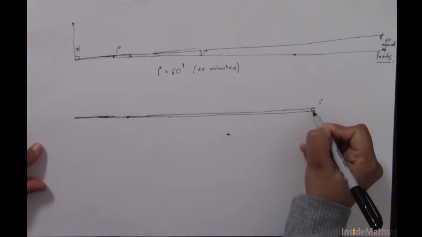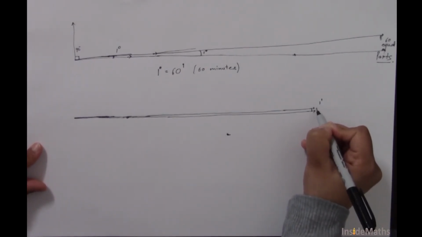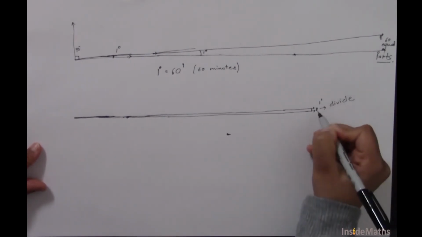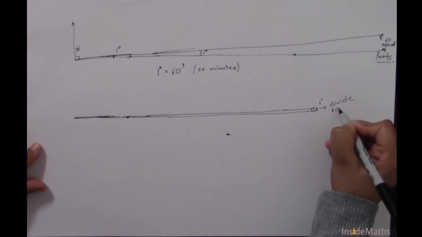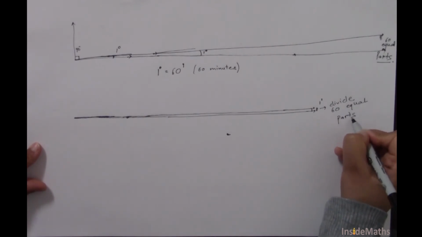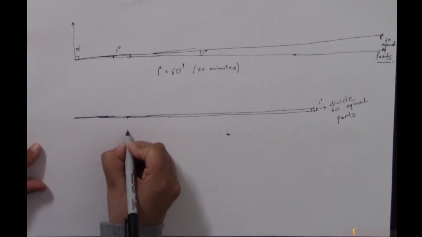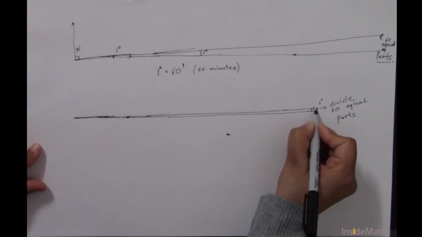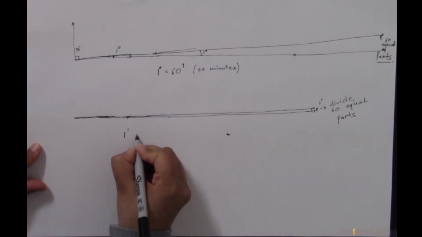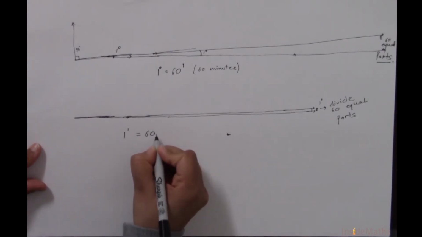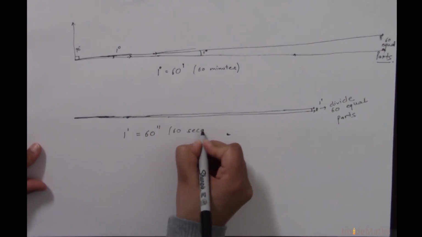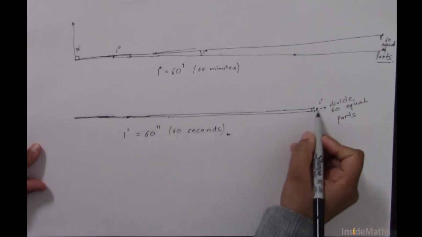Now if I divide this part into further 60 equal parts, then each of these parts is called 1 second. So 1 minute is equal to 60 seconds. So this is 60 seconds.